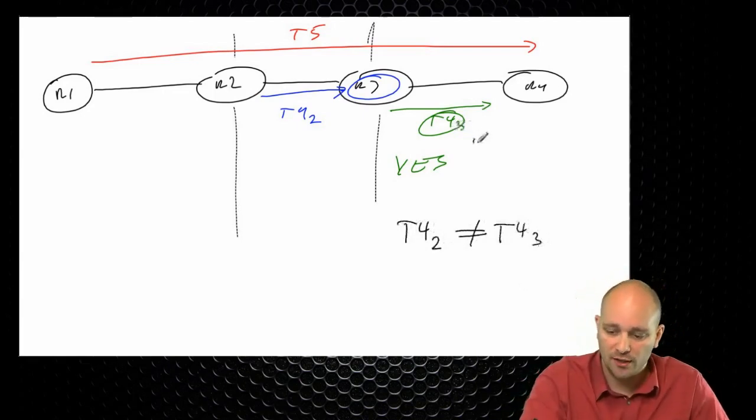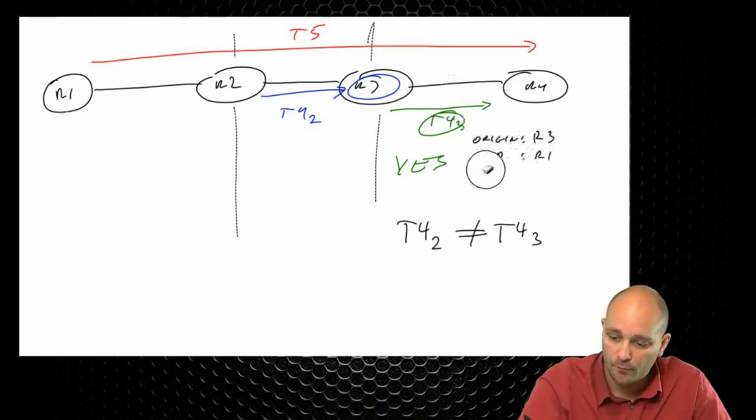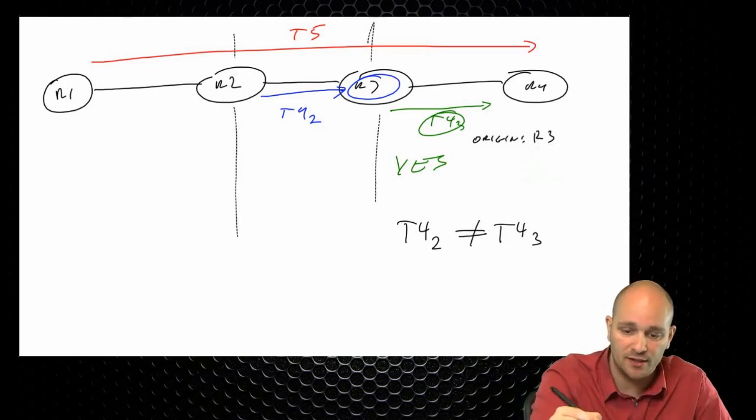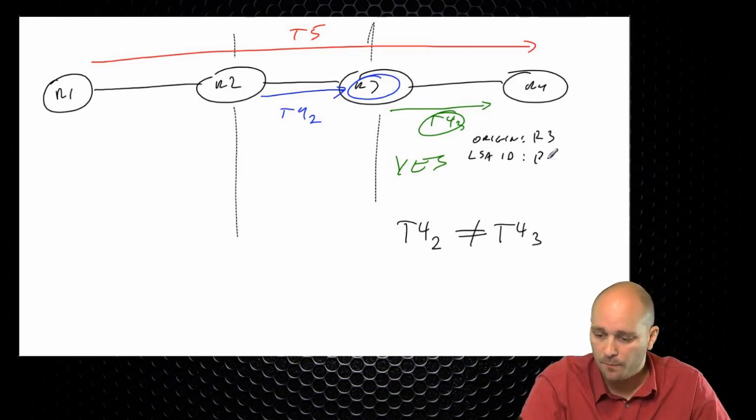The originating router here will be R3. The content will be the router ID of R1. So the LSA ID will be R1, and the cost would be R3's cost to R1.